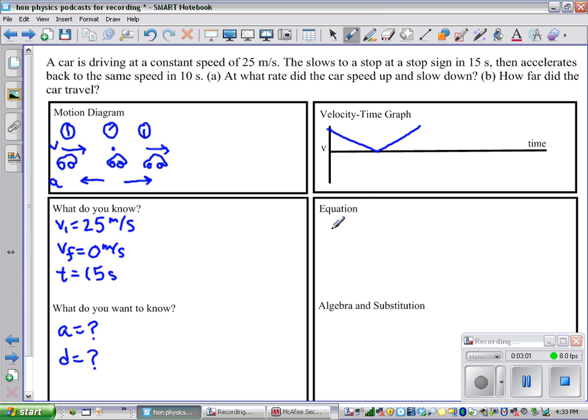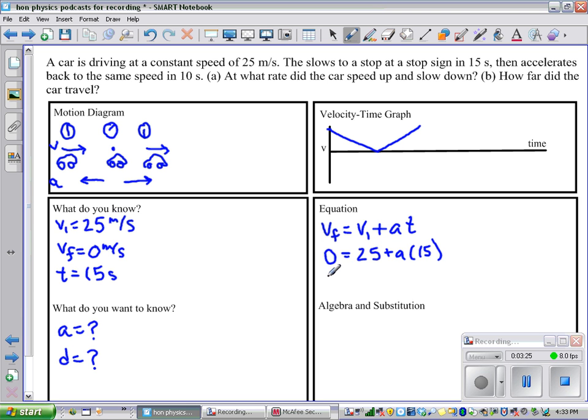So the equation that we're going to use, we want an equation that has VI, VF, T, and A. So that is VF equals VI plus AT from your list of motion equations. 0 equals 25 plus A times 15.